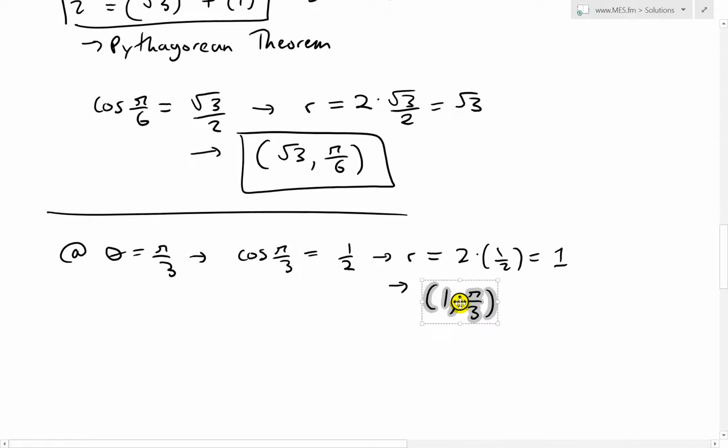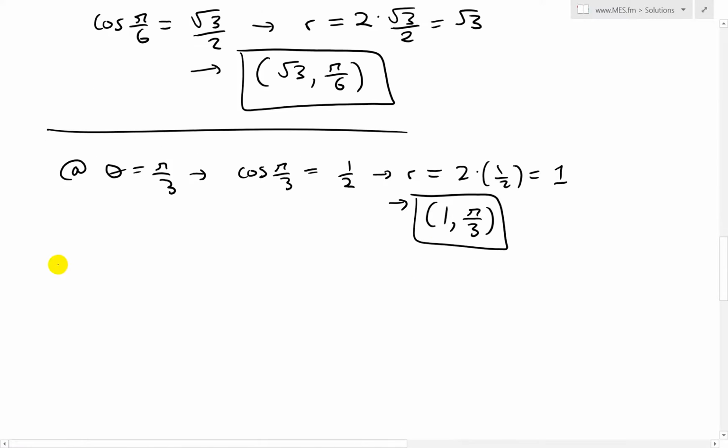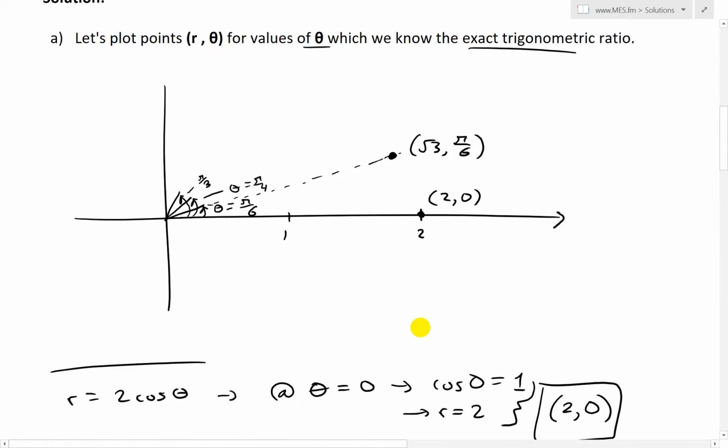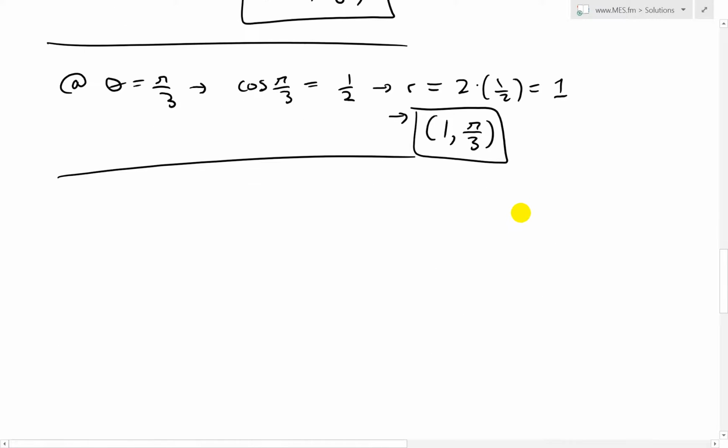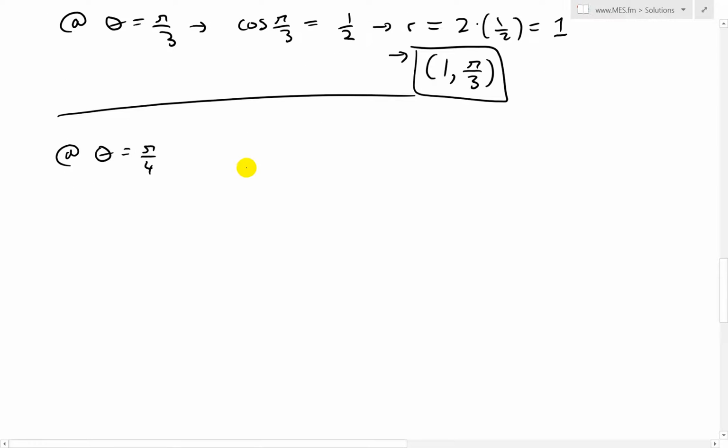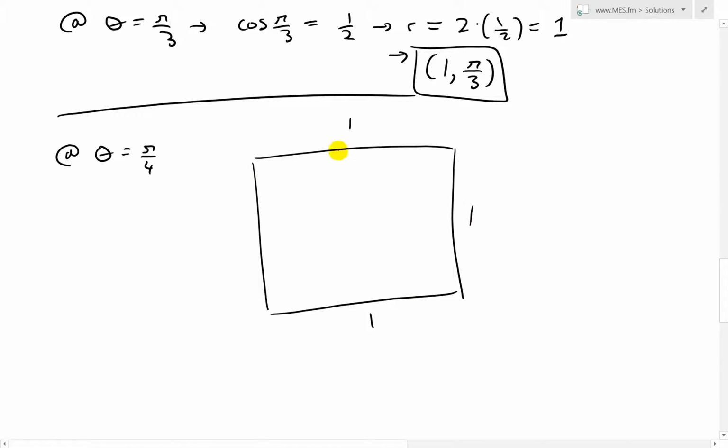I'll draw this one after I draw the pi over 4, or the 45-degree angle. So I'll do this one next, pi over 4, I guess just because it's before it. So at theta equal to pi over 4, we could use the other method of doing this. This is just 45 degrees. If we draw a square with sides 1, 1, 1, 1, and this is just 90 degrees, or pi over 2 radians.